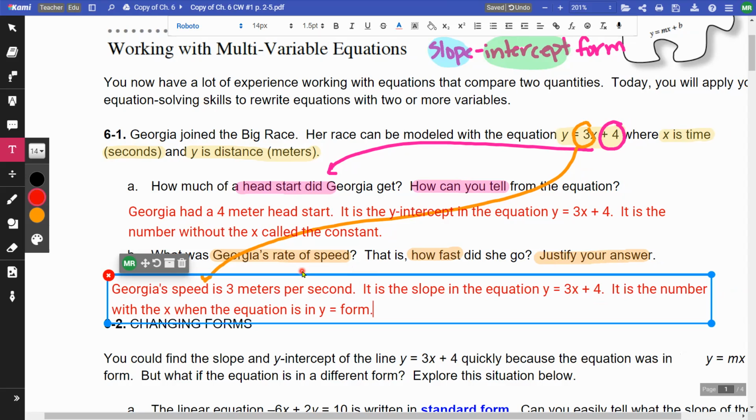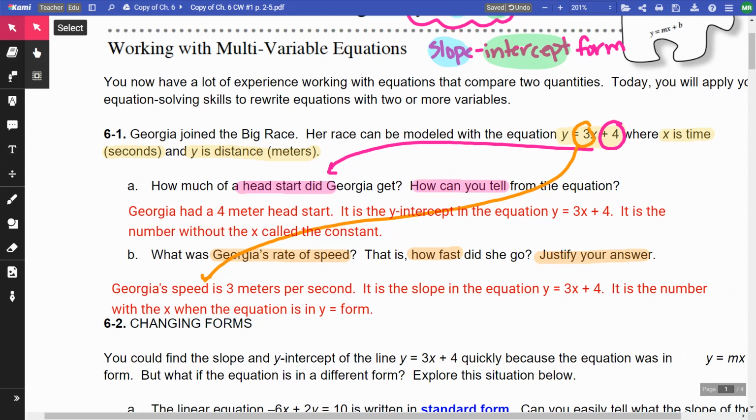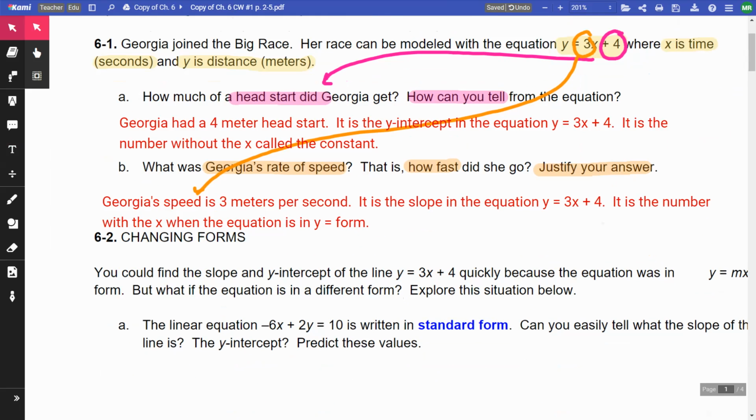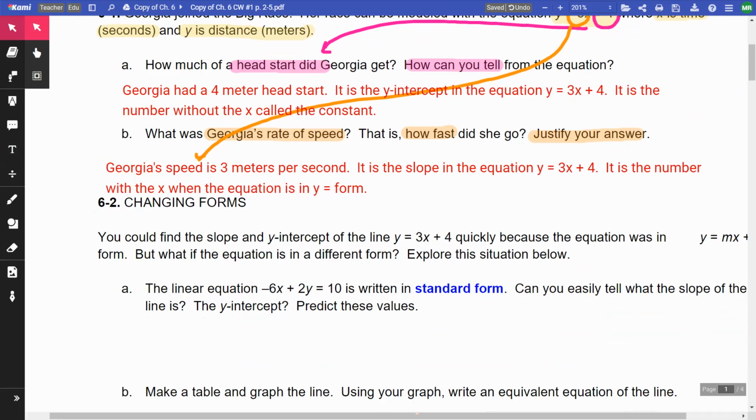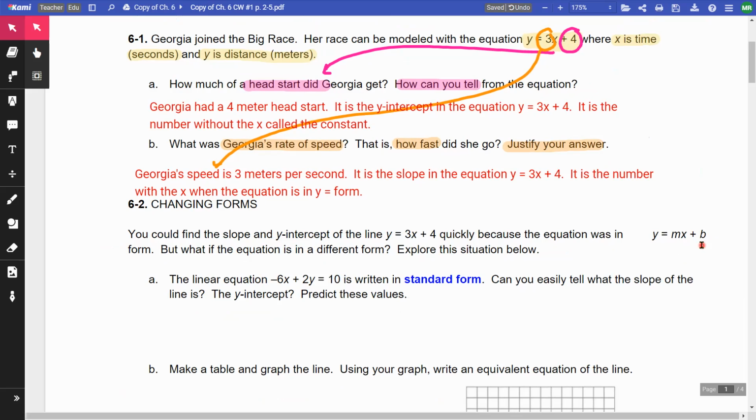Okay, so now 6-2, changing forms. So on this one, it says you could find the slope and the y-intercept of the line y equal 3x plus 4 quickly because the equation was in y equal mx plus b form.